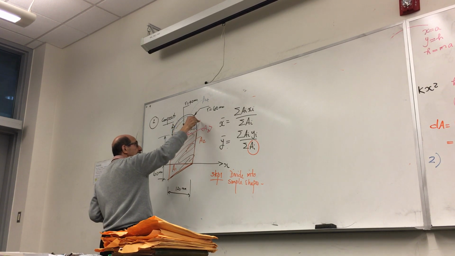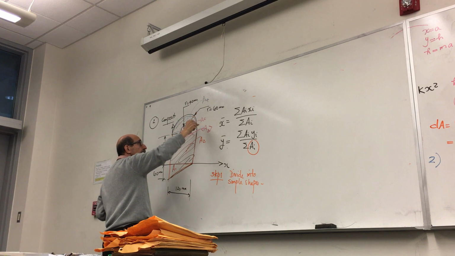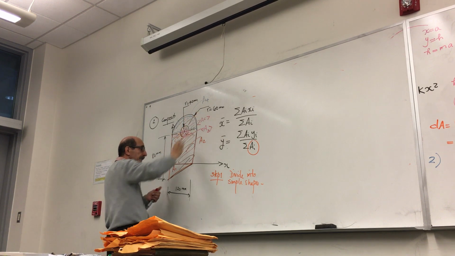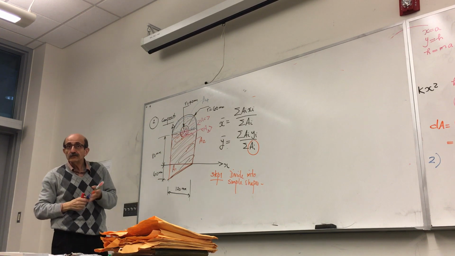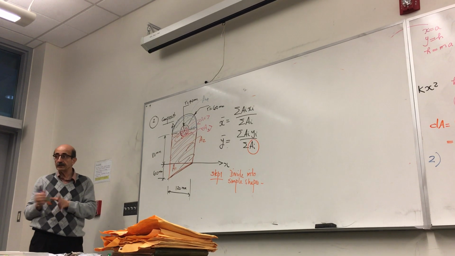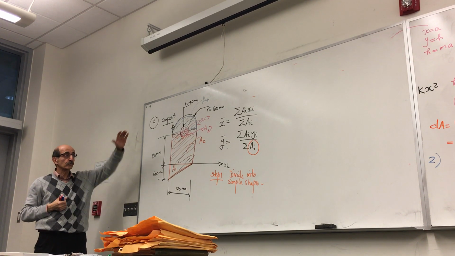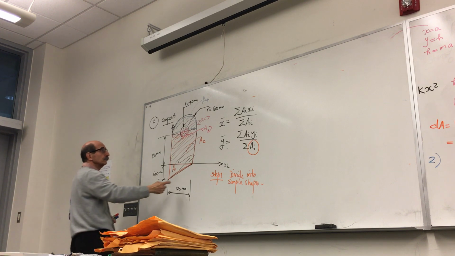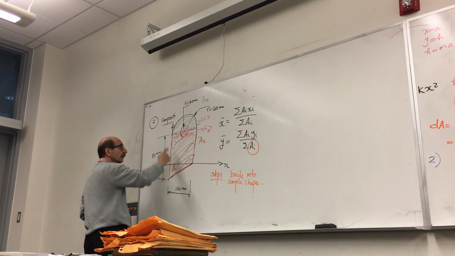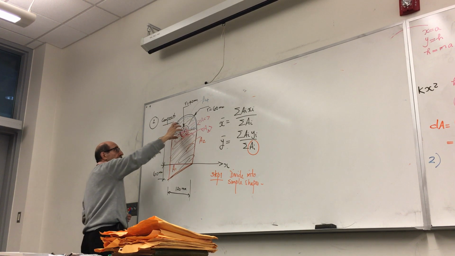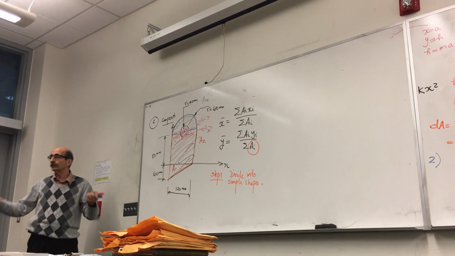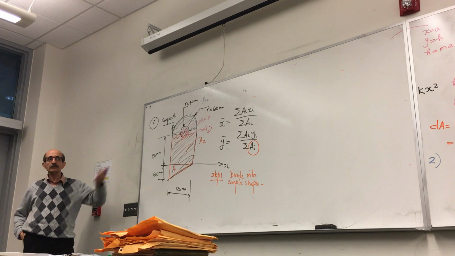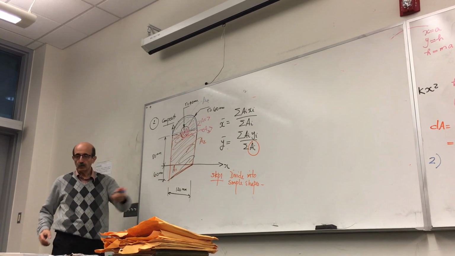I consider that as A5, and it is going to be negative. There are other ways. I mean, this is not the only way you can divide this area, any which way you want, as long as the sub-areas are simple geometric shapes. For instance, I could have just considered this and this as two areas, and a full circle has been cut out of both. That's fine too. That's the way I do it. So that's step one.